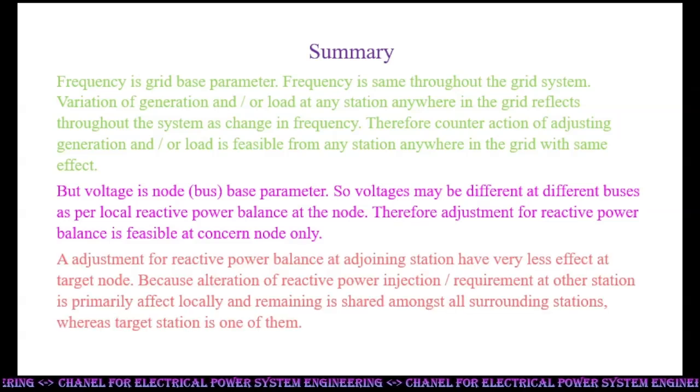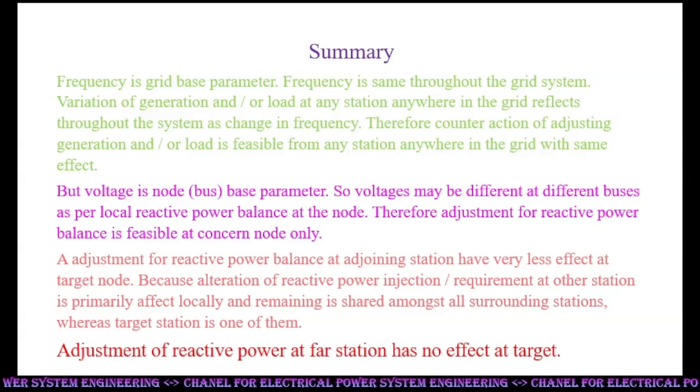Adjustment of reactive power balance at an adjoining station has very little effect at the target node, because alteration of reactive power injection requirement at another station primarily affects locally and the remainder is shared amongst all surrounding stations, whereas the target station is one of them. Adjustment of reactive power at a far station has no effect at the target.